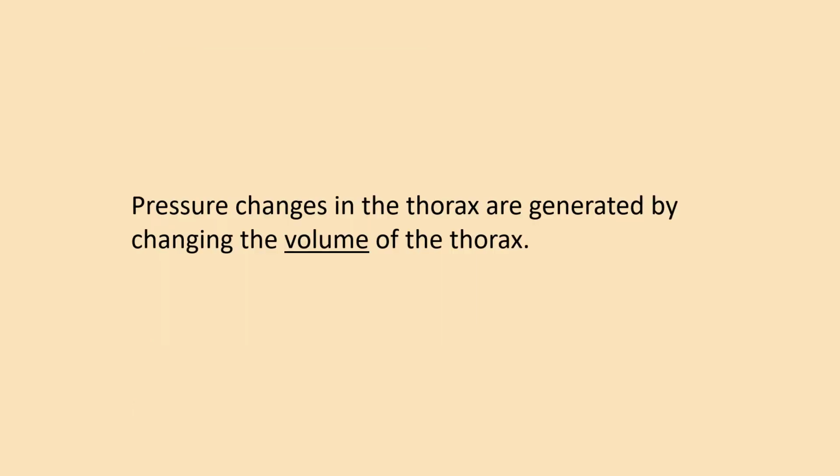So pulmonary ventilation works by these alternating pressure gradients during inhalation and then exhalation and then inhalation and then exhalation. And those alternating pressure gradients are ultimately generated by respiratory muscles that can change the volume of the thoracic cavity.